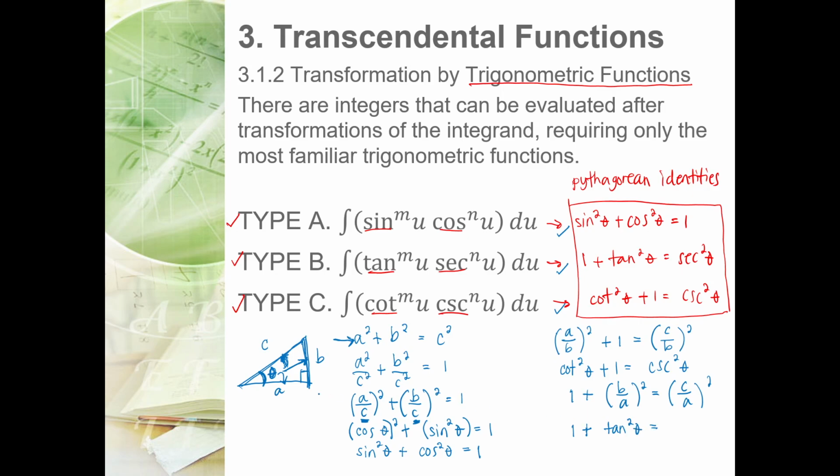And then c over a, the hypotenuse over the adjacent side, so that's the secant function, so secant squared theta. So you now have the three different Pythagorean identities. That's how you derive the equation. So for example, if you forgot the exact designations for the Pythagorean formulas or identities, you can derive your equations using a simple diagram of a right triangle.